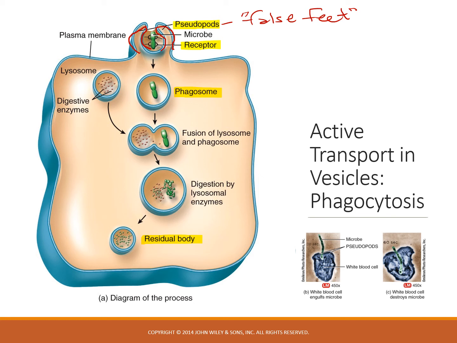But just like in the last slide, the vesicle will bind and fuse with a lysosome, so you see here, and then the digestion enzymes within that lysosome will degrade that microbe or that particle as much as possible, and whatever is not digested is left within this residual body, but it tries to use as much as possible.